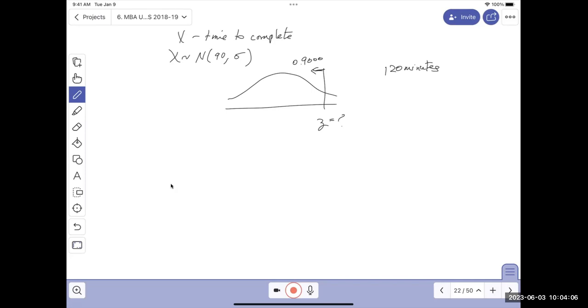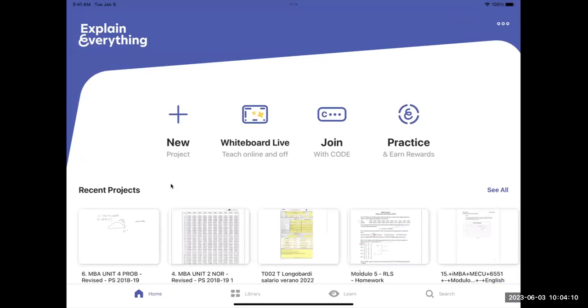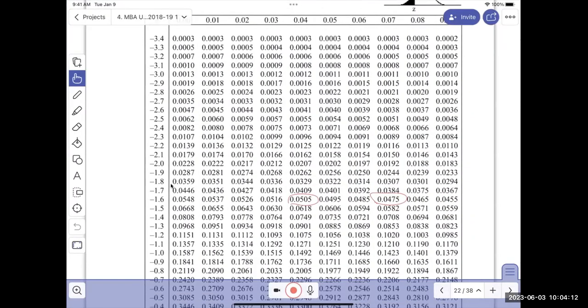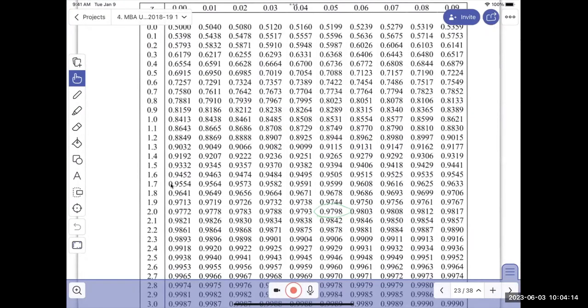So go to the tables. Look for 90. And 90 will be between here and here, and it's closer to this one. So I'll pick 1.28. Is everybody okay with that? It's the closest one, 1.28.